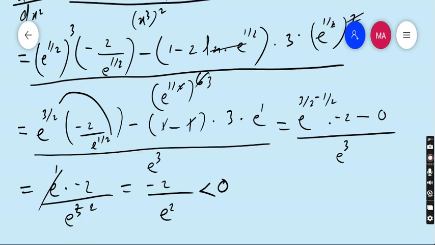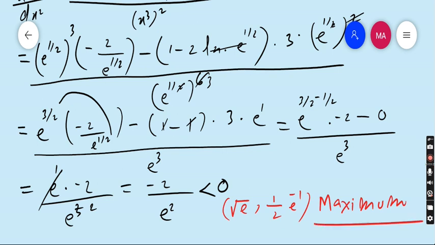Hence root e comma 1 upon 2 e power minus 1 is maximum. This is our final answer of part G.